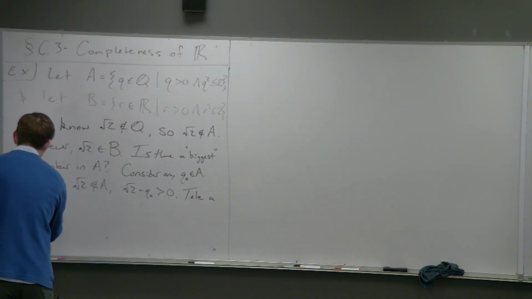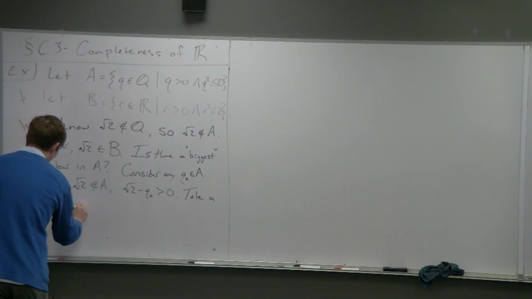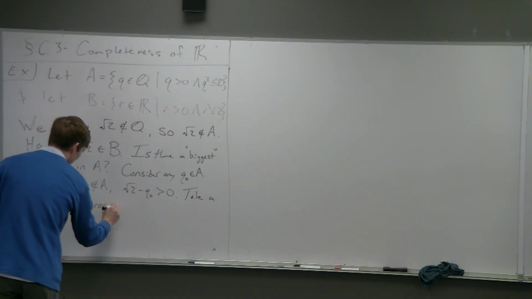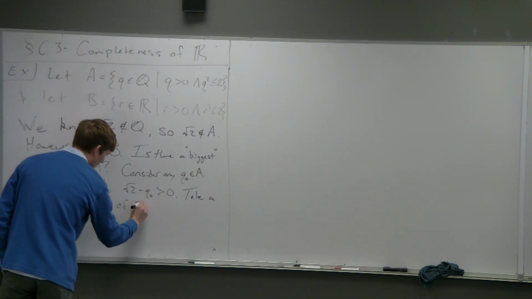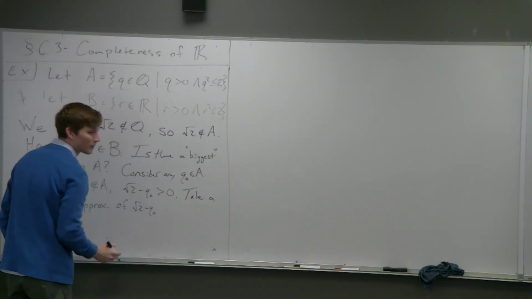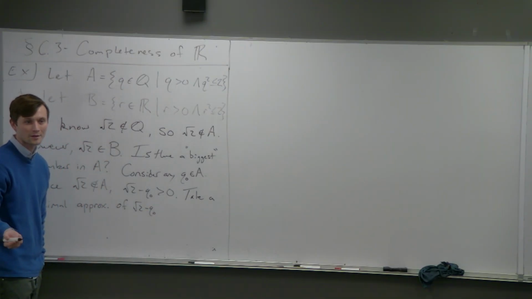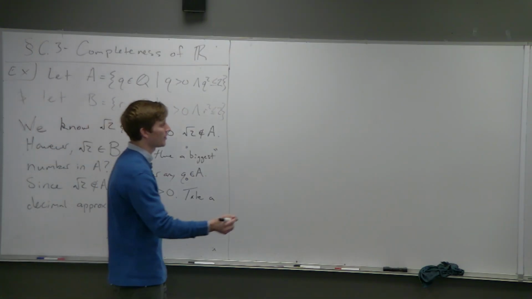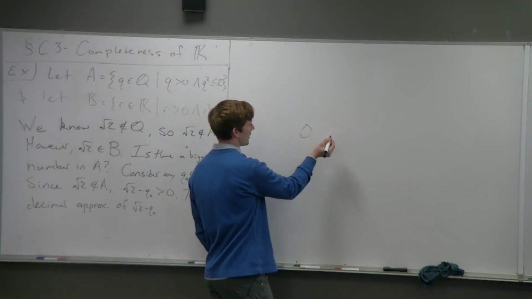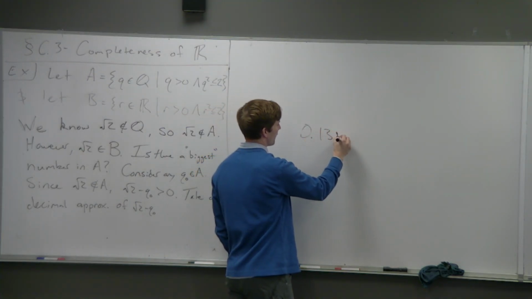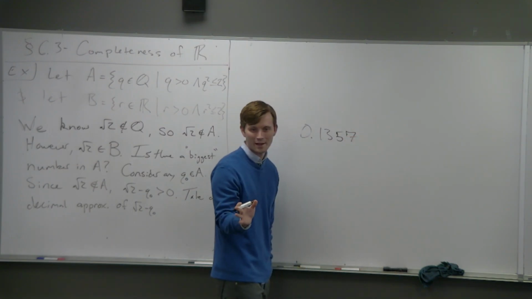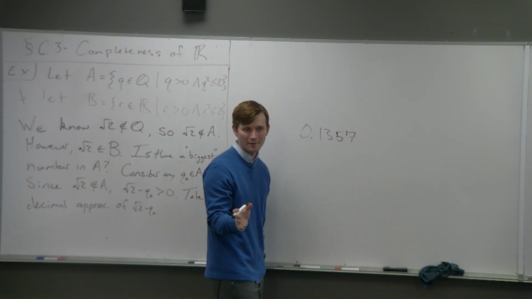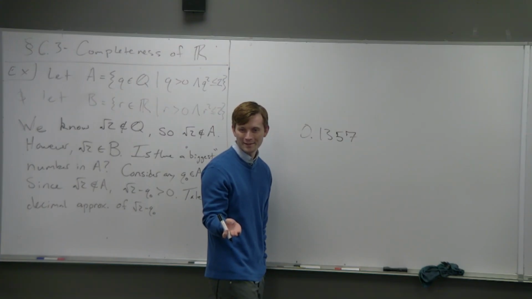Take a decimal approximation of square root of 2 minus Q0, yeah? This is a rational number, right? After all, if you take a number like 0.1357, any decimal number you can write as a rational number just by moving over the decimal places and dividing.